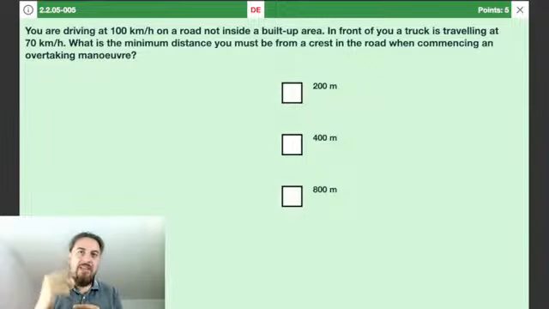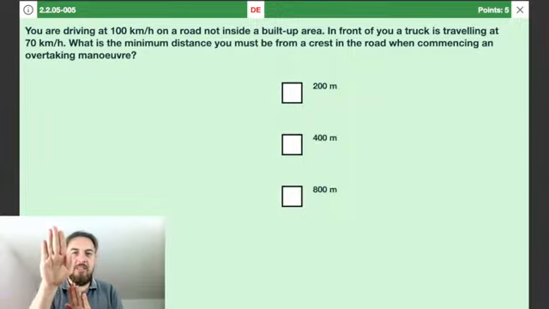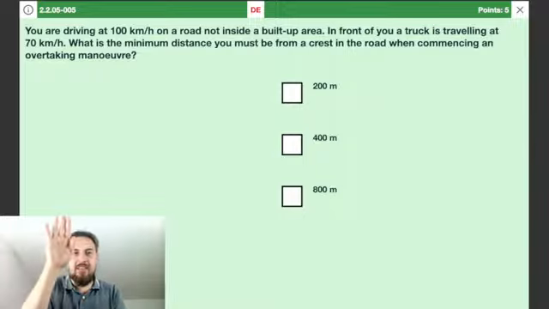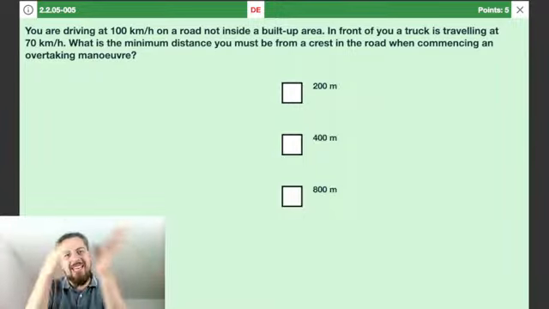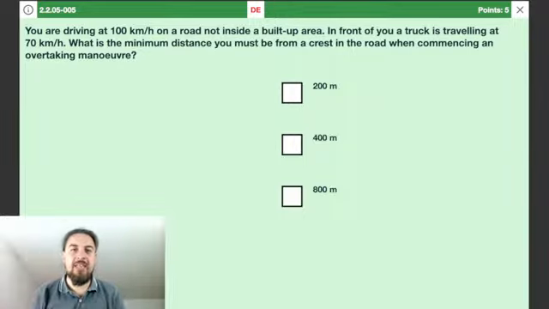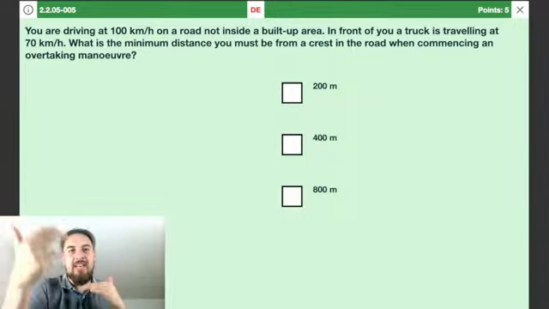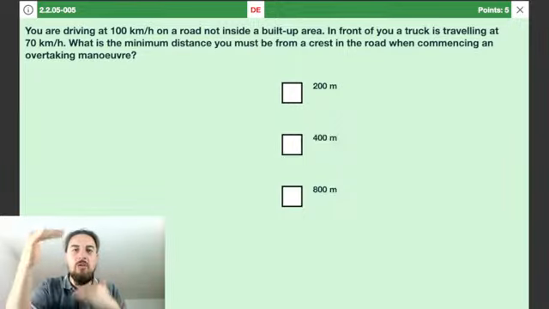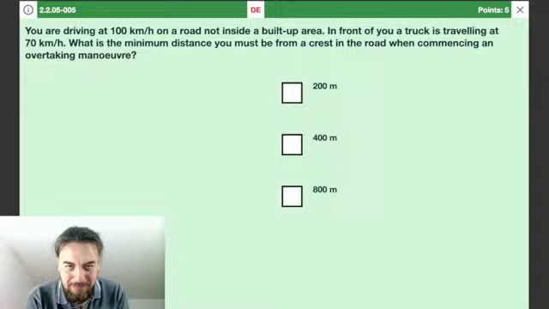Now there is a small hill, a crest, so you can't look behind it. How far must your distance be to safely get to the left lane, overtake the truck, and get back with enough safety distance to the truck? Meanwhile, another car might show up and you still need enough space. So how long has that distance to be?